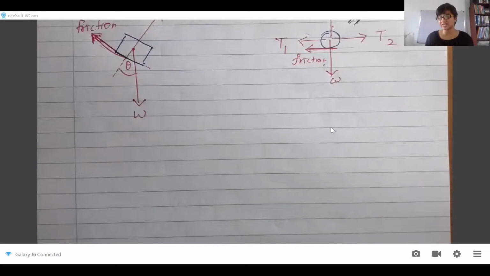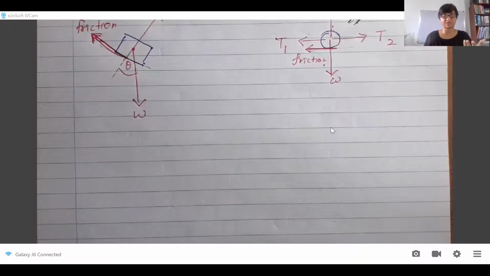Since forces are vectors, finding the resultant is not just adding them all together. If you wanted to find the total mass of something, you would add the masses because they are scalars, they don't have a direction involved. 2 kilograms plus 5 kilograms plus 7 kilograms, you just add the numbers. But if you are adding forces, you have to know the direction.